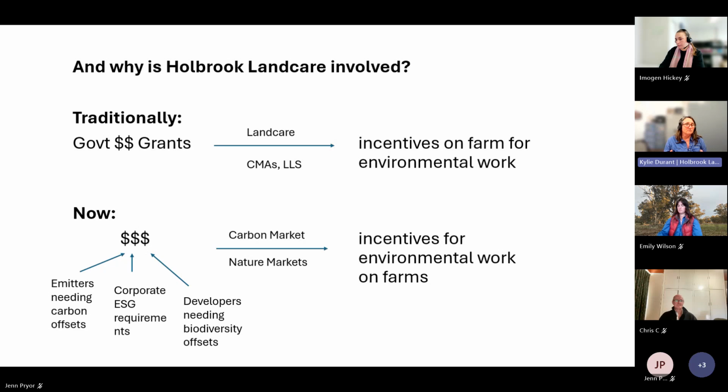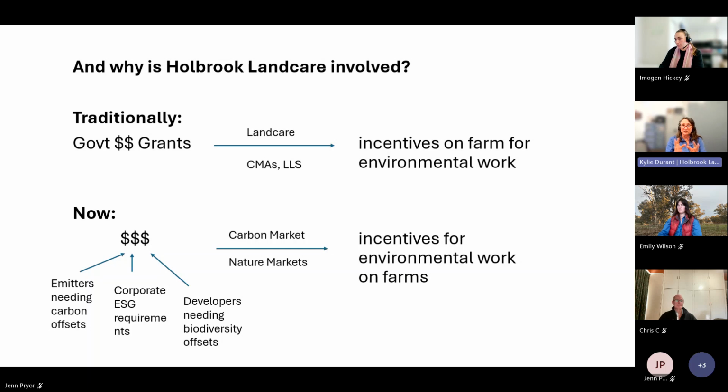I guess this shift in policy is now not following that model. And so investment doesn't necessarily come all from government. They've created the markets in order to make sure that funds are flowing from different sources. So the emitters that need carbon offsets, they're putting money into the system.